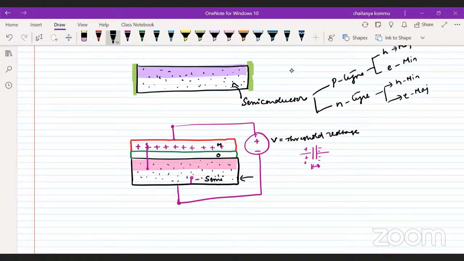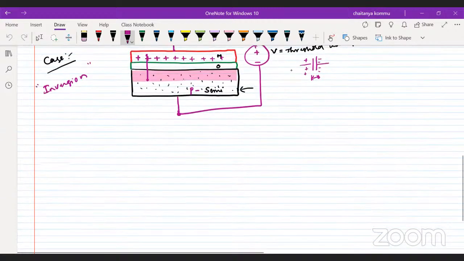Then only the minority carriers are attracted towards the surface. This is one case, a very popular case called inversion. This is called inversion. MOS capacitor in inversion condition.